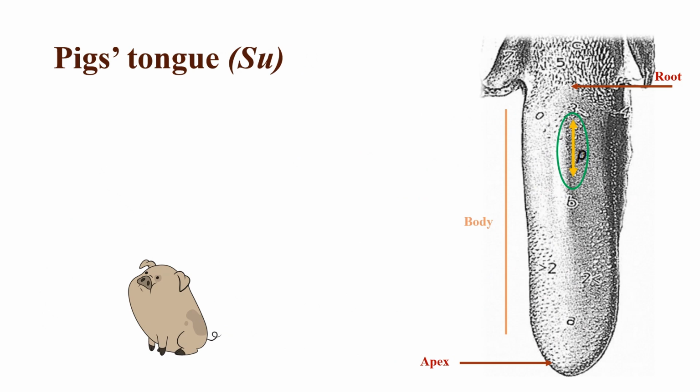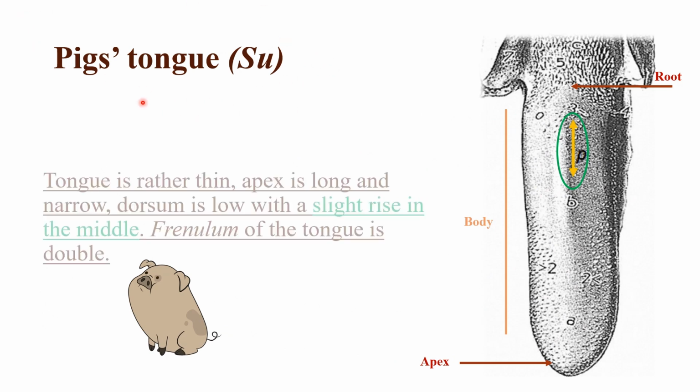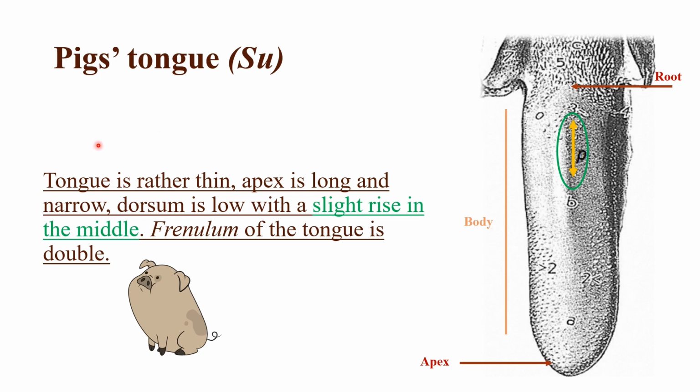Let's also discuss the specialties of the pig's tongue. A pig's tongue, compared to a horse's or cow's tongue, is way thinner. Also, the apex is long and narrow, as you can see here in the picture. The apex is here. And also, the dorsum is low with just a slight rise in the middle.